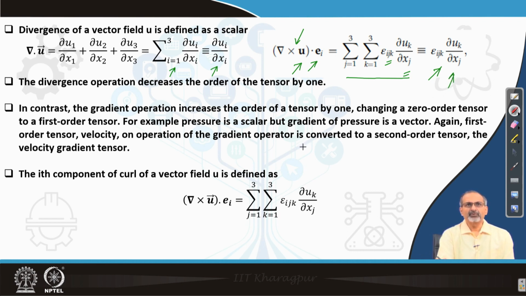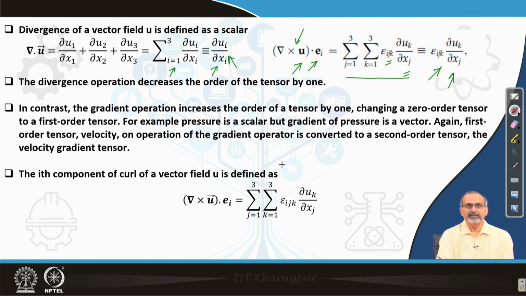The divergence operation decreases the order of the tensor by 1, because from a vector you reduce it to a scalar that you have over here. In contrast, the gradient operation increases the order of a tensor by 1, changing a 0 order tensor to a first order tensor, because you are applying the gradient operator on a scalar, which is a 0 order tensor.